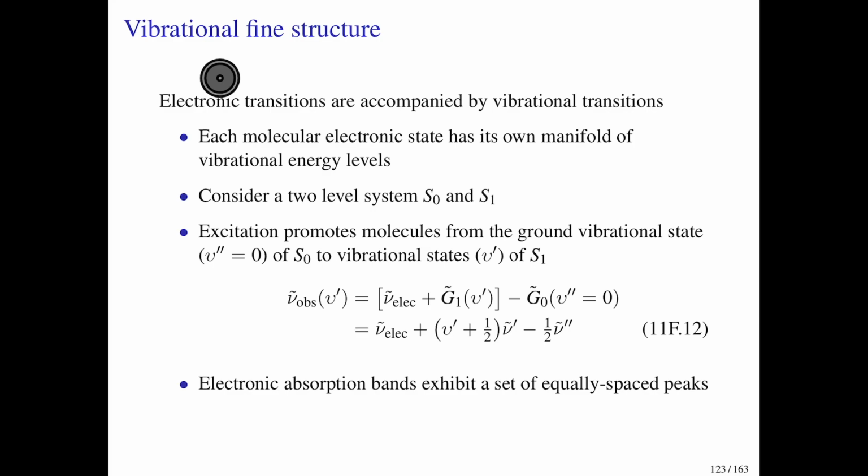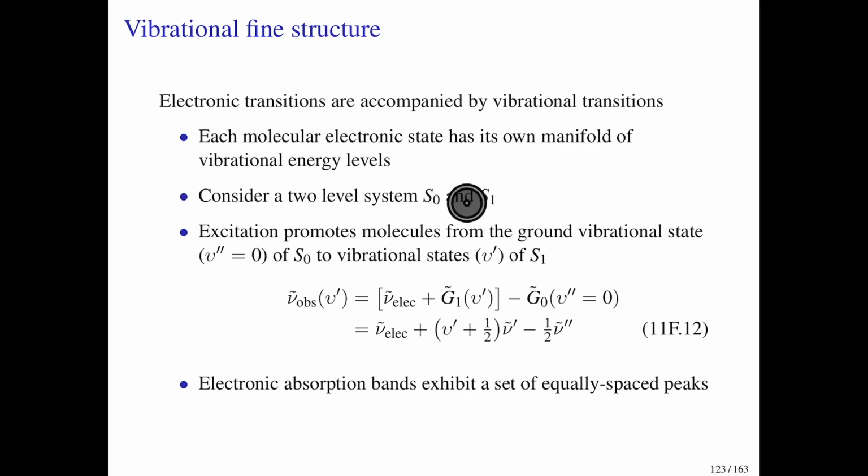For every electronic state that you have, each electronic state has its own manifold of vibrational energy levels. So the ground electronic state of a molecule has a set of vibrational energy levels, and all of the excited electronic states have vibrational energy levels. What can occur when you have an electronic transition is that the electronic transition will also involve changes in the vibrational quantum number of the system.